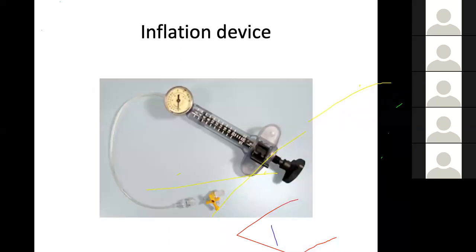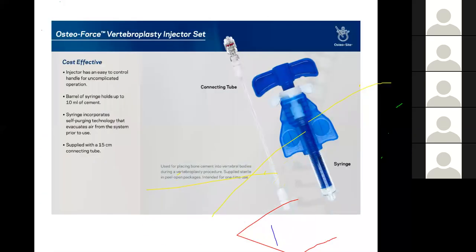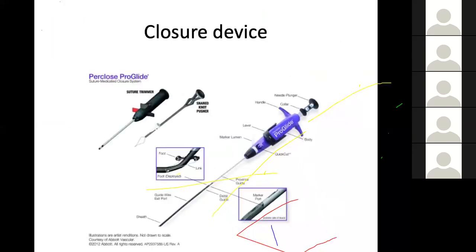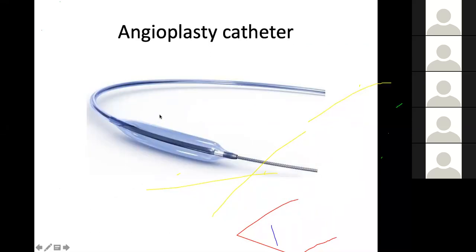You could also be shown this. This is known as an inflation device. This is used to inflate the balloon of an angioplasty catheter. You see these angioplasty catheters?